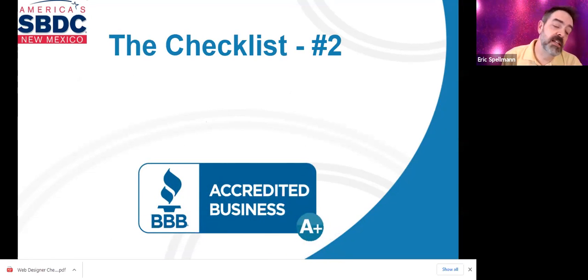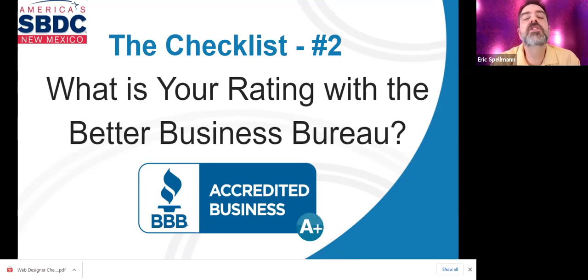Number 2 on the checklist. What is your rating with the Better Business Bureau? Now, granted, you can go look that up yourself, but I find it often helpful just to ask them. Now, for those of you who don't know, the Better Business Bureau, what it does is it doesn't inspect businesses.